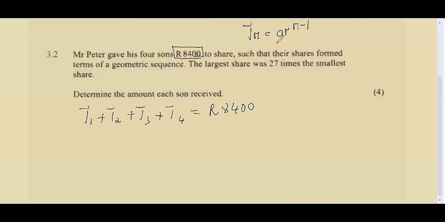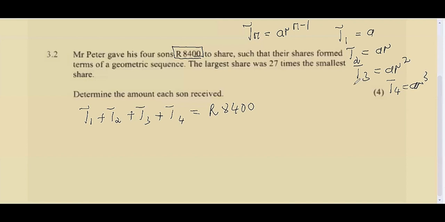Now, from this, term number 1 is equal to a, because 1 minus 1 is 0, so r to the exponent of 0 is 1, and a multiplied by 1 is just a. Then our T2, if we substitute 2 here, 2 minus 1 gives us 1, so this would give us ar. And then T3 would be ar squared, and then T4 would be ar cubed.